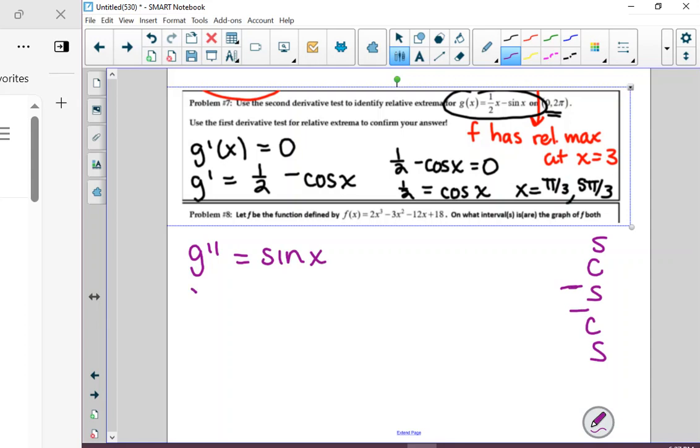Okay. Sine of pi over 3 is positive. Pi over 3 was a critical value of g prime, so that means it's a possible min or max for g.